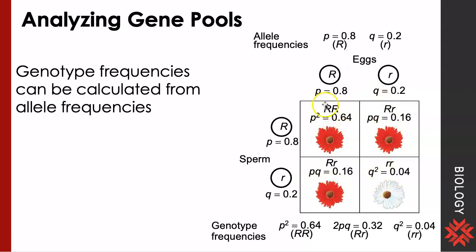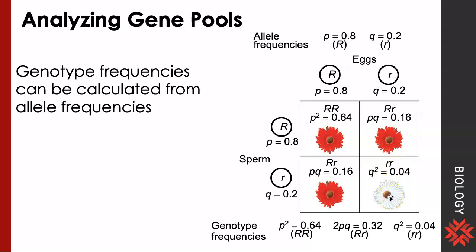Now, last semester, we said, okay, if you cross a big R with a big R, then we have homozygous dominant. If you cross a big R with a little r, we have heterozygous. Similarly, down here, we're going to have a heterozygous offspring. And lastly, we're going to have a homozygous recessive offspring here.